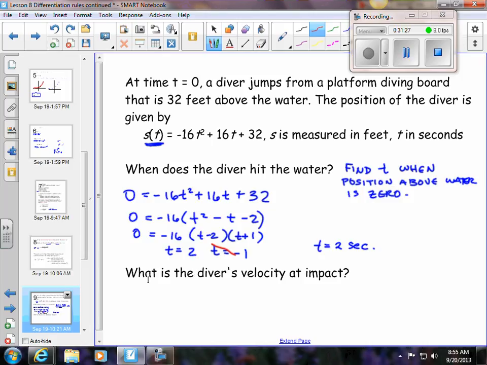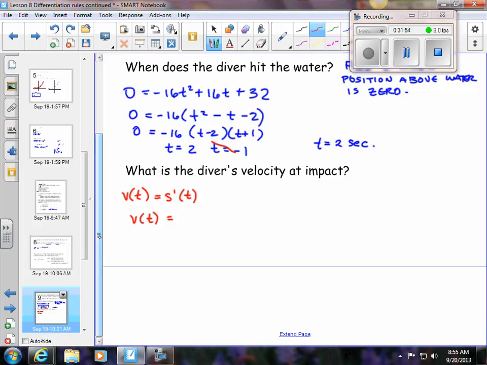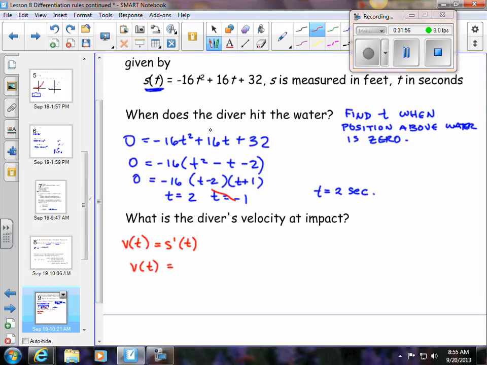The next question, what is the diver's velocity at impact? Well, first of all, we need to know the velocity function. The velocity function is the derivative of the position function. So the velocity function is going to be, using the power rule, negative 32t plus 16.